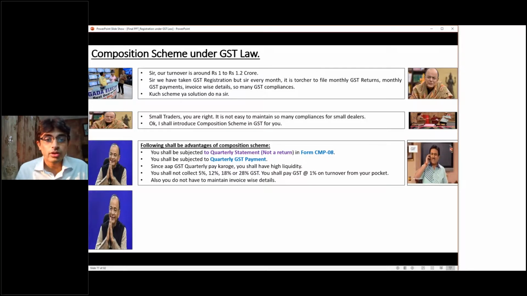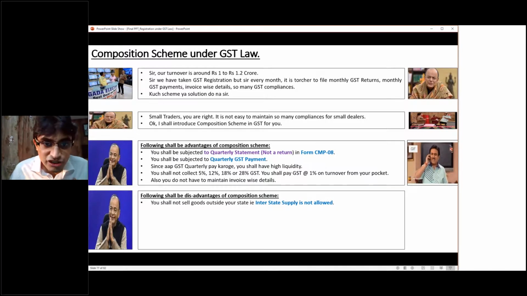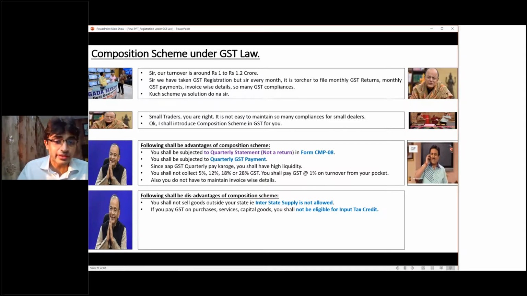But now there are disadvantages. See, what are the disadvantages? Understand this. If I am registered under the composition scheme, I cannot sell the goods outside the state. I repeat, I cannot sell the goods outside the state. If I am in Maharashtra, I can sell only in Maharashtra. If I am in Delhi, I can sell only in Delhi. That's it.